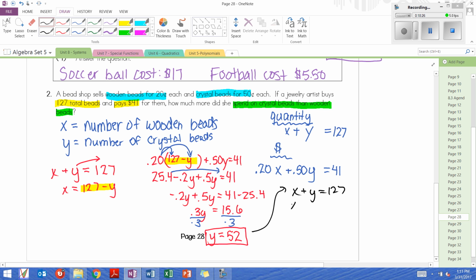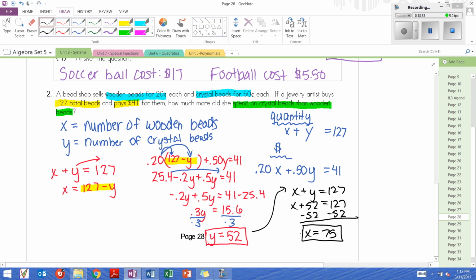That would mean x plus 52 equals 127. I can just take away 52 from both sides. And I get x is equal to 75.